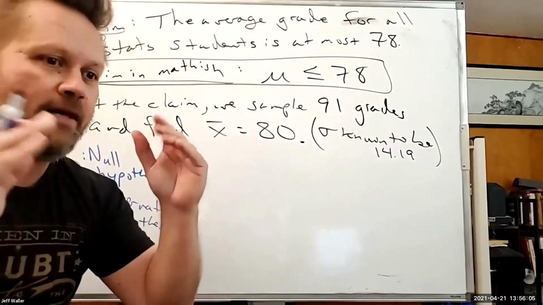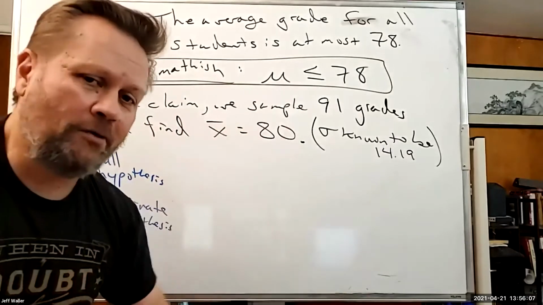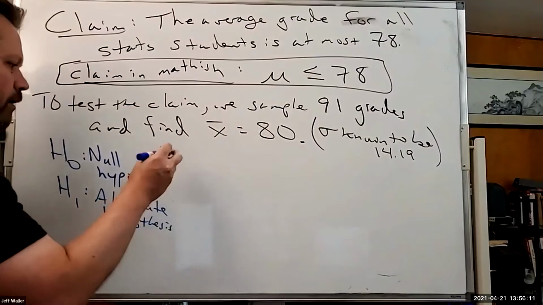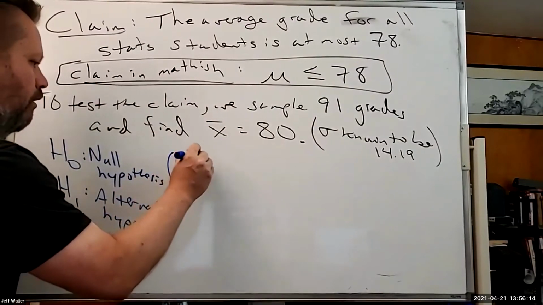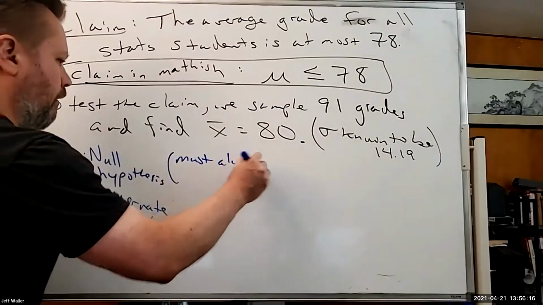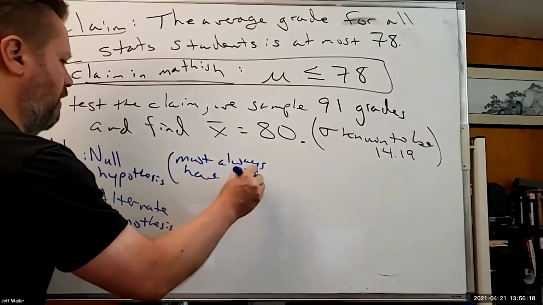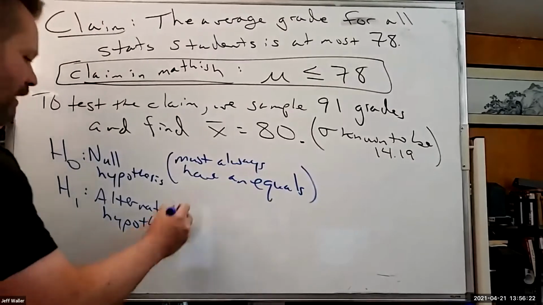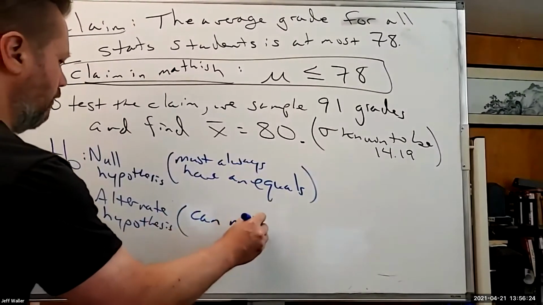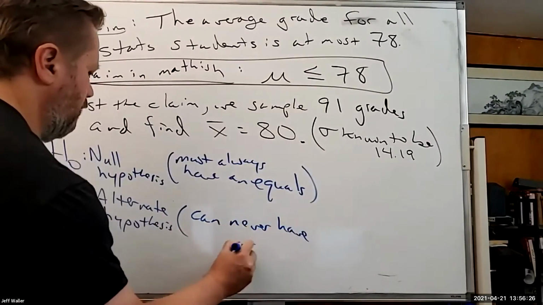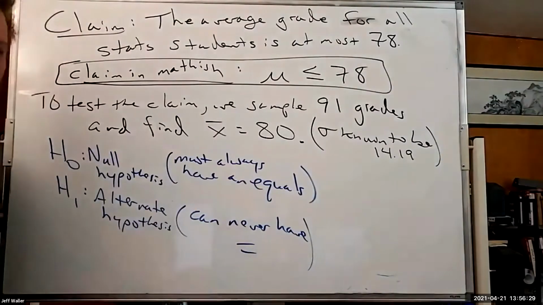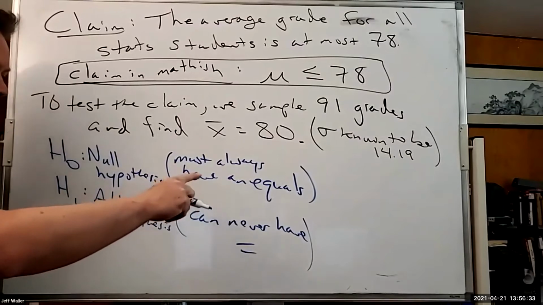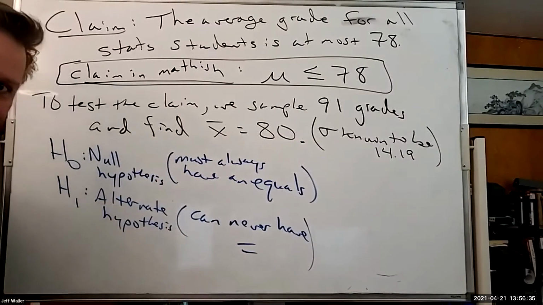So what does that have to do with anything? Oh, yes, I do know. The null must always have an equal sign. And the alternate can never have an equal sign because they're opposites of each other. So if this one has the equal sign, this one obviously doesn't.